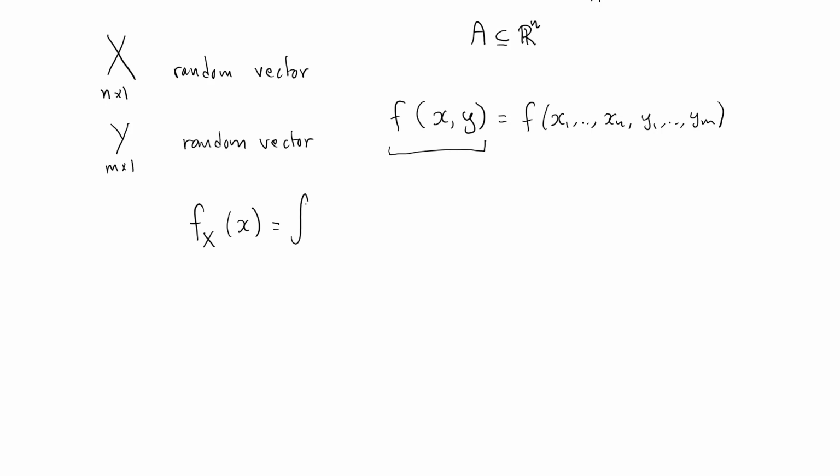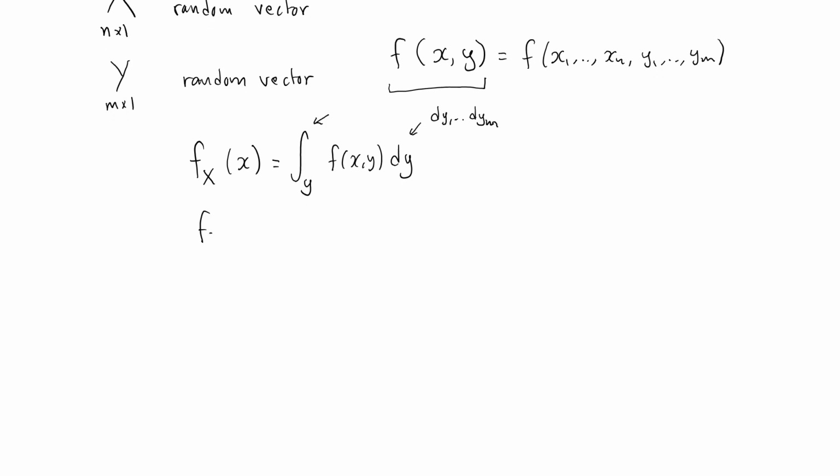So it'll be an integral over all possible values of y, f of x, y, dy. But keep in mind, this single integral notation actually hides m integral signs. And this dy is really dy1 through dym. Similarly, for the marginal of Y, we simply integrate away x: f of x, y, dx.